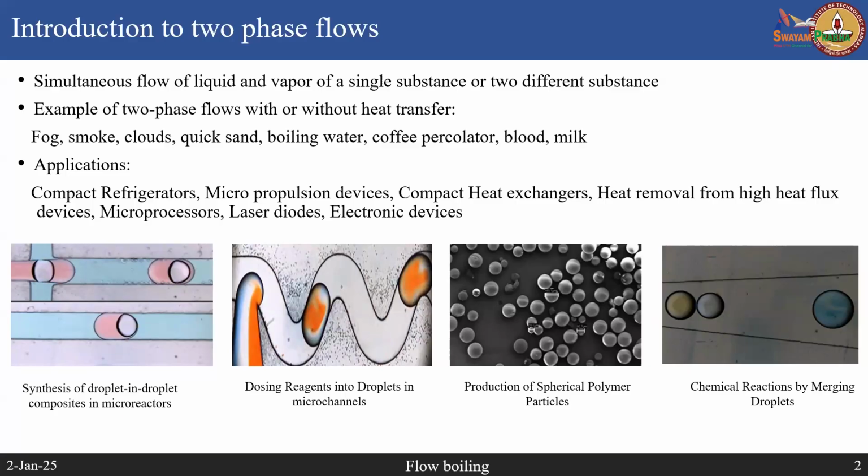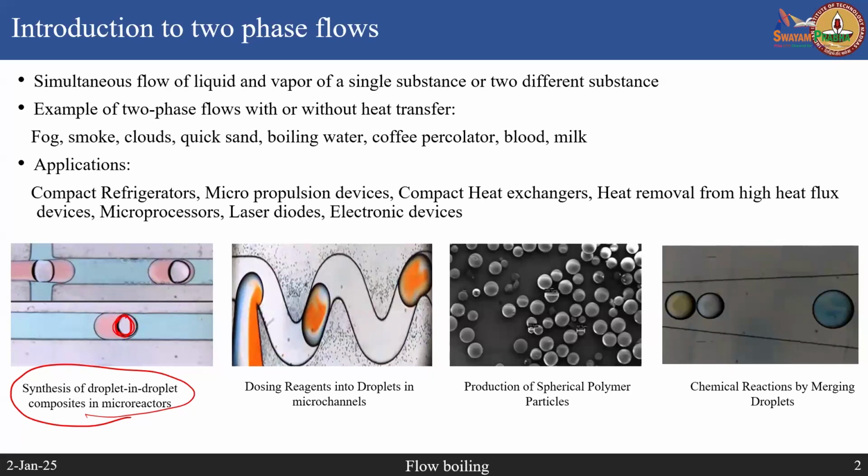For example, people talk about these micro reactors where there is one droplet, which is one component suspended in another, and these droplets are used to transport these smaller droplets inside capillary tubes. So, these can be used in reactions like in micro reactors and so on.